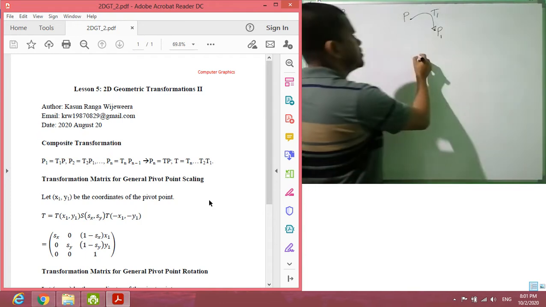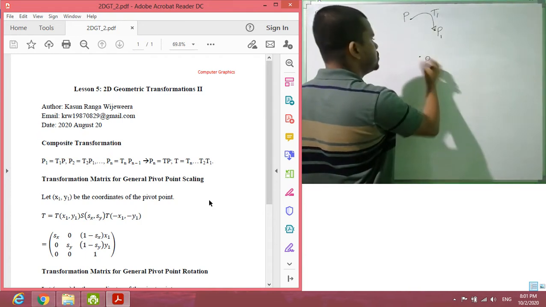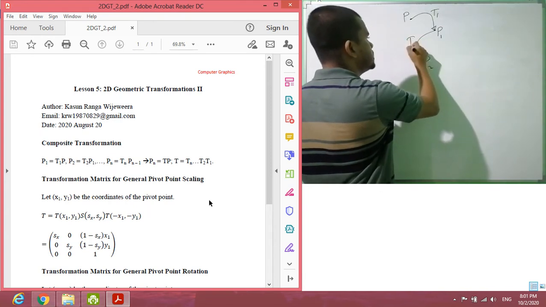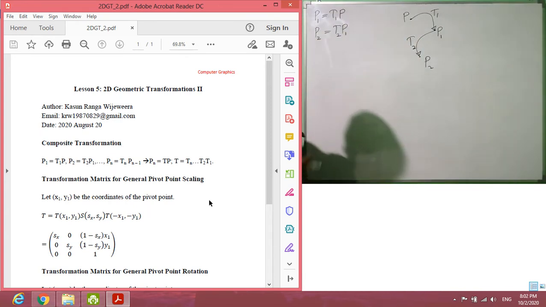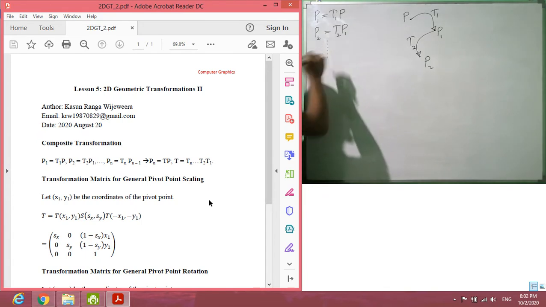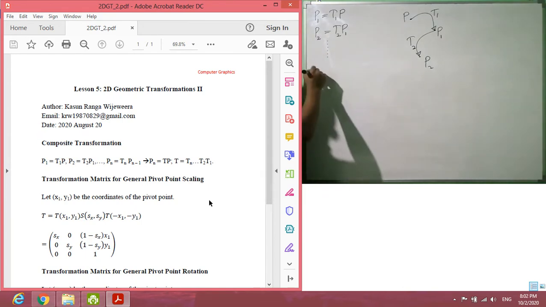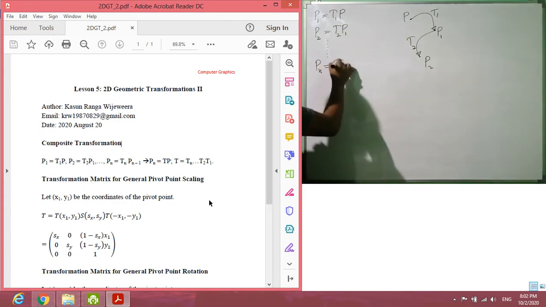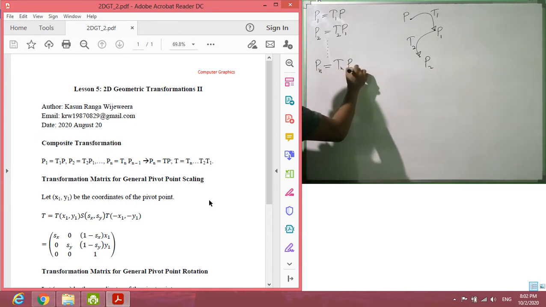Okay, so P2 after applying T2. Then again, likewise, we get Pn as Tn into Pn minus 1.